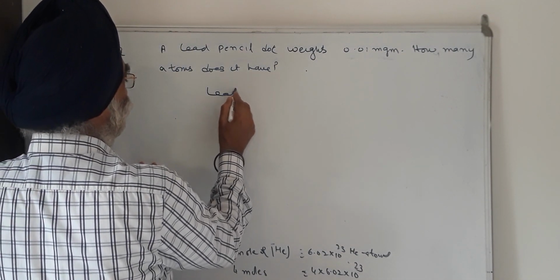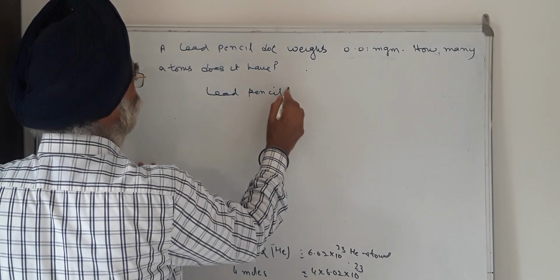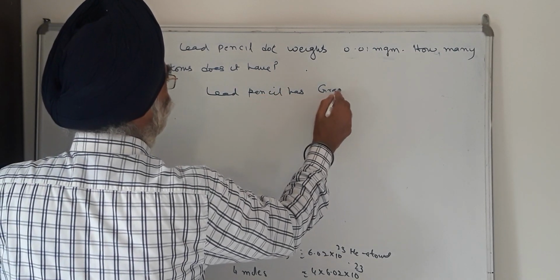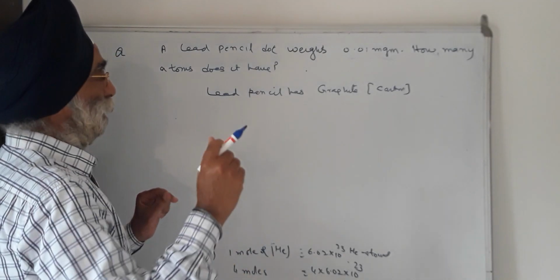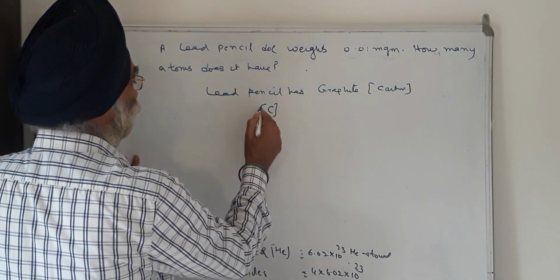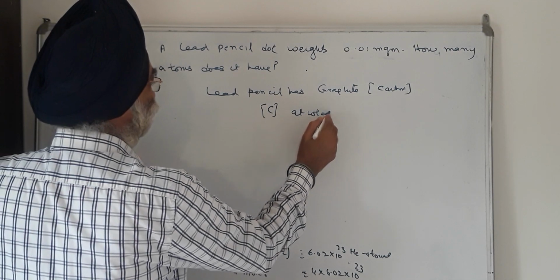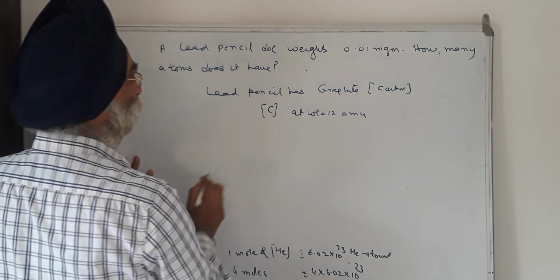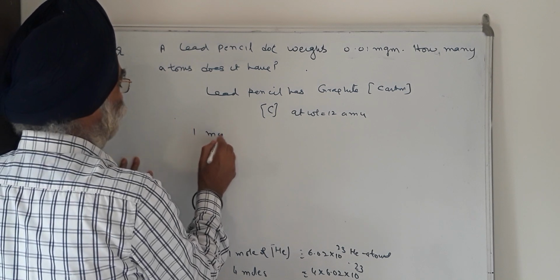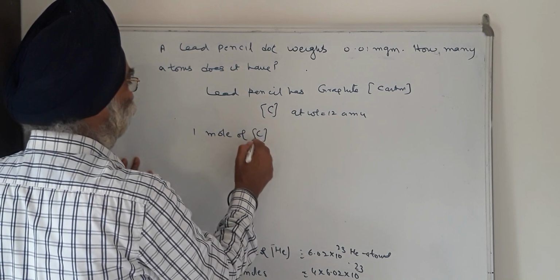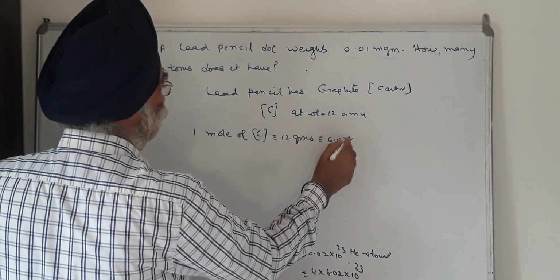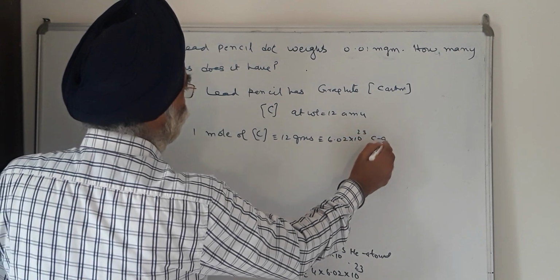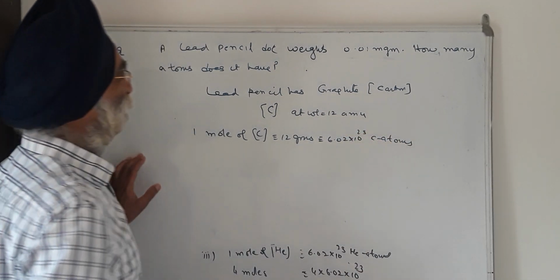Lead pencil has graphite, that is carbon, as the element. Carbon atomic weight is 12 AMU. 1 mole of graphite, 12 grams, and it has 6.02 10 raised to the power 23 carbon atoms.